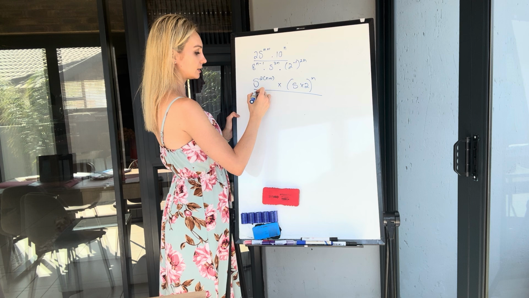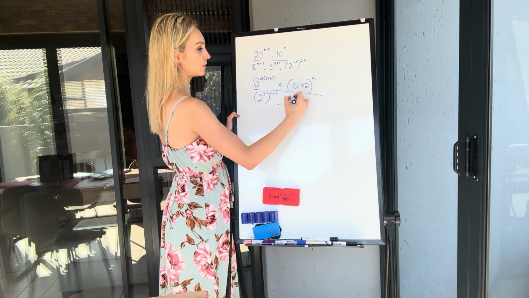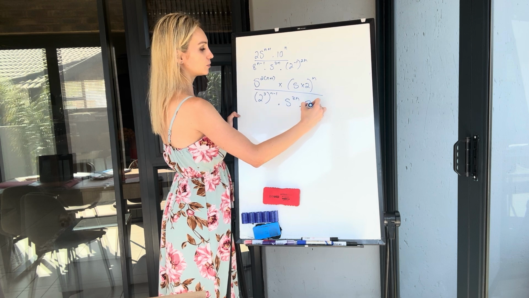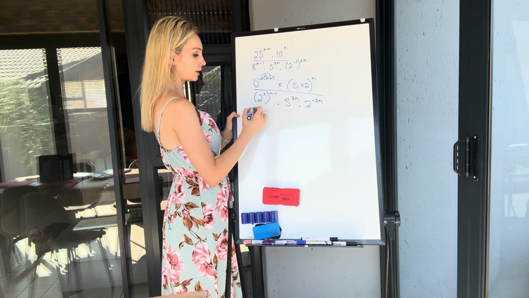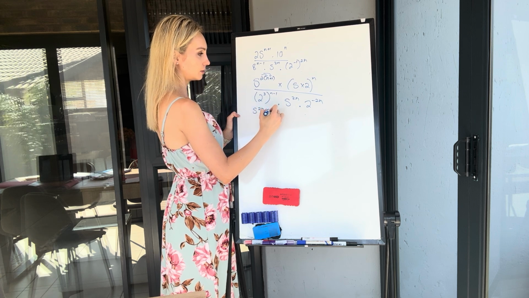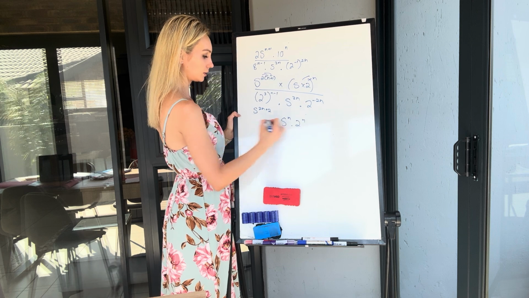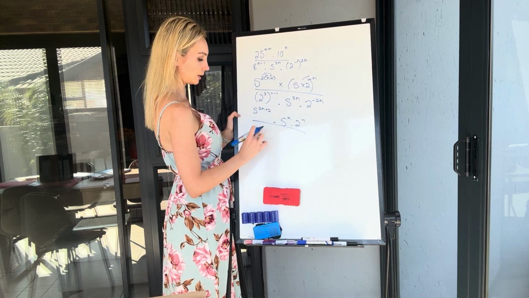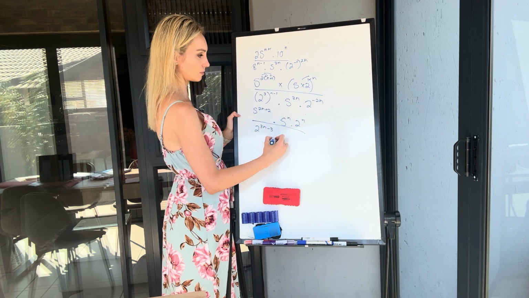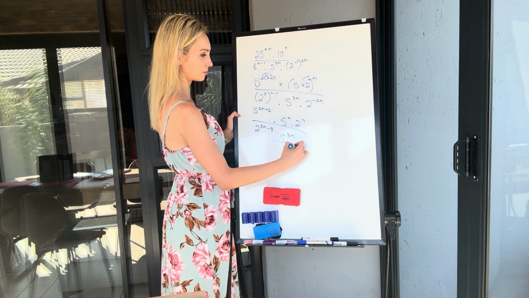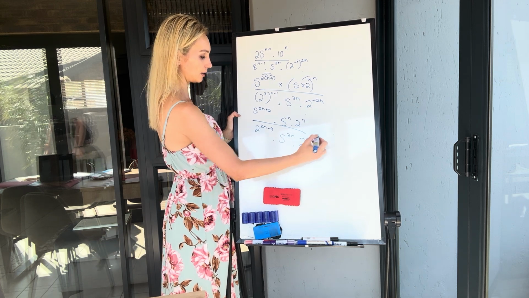Remember, prime factors. This is 2 to the power of 3n minus 1, times 5 to the power of 3n, times 2 to the power of negative 2n. Now I just have to multiply my exponents in, and then I'm just going to simplify from there.